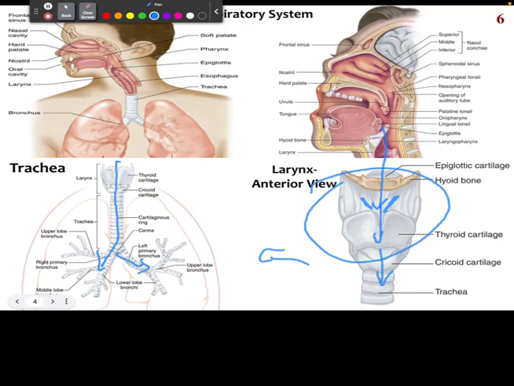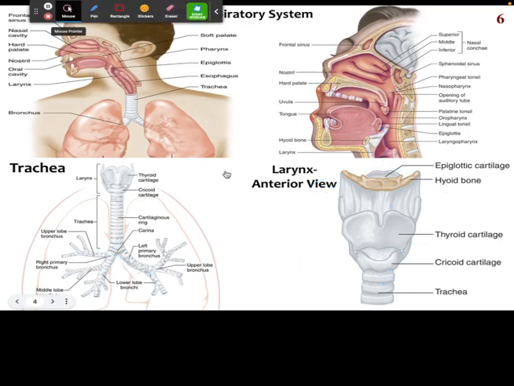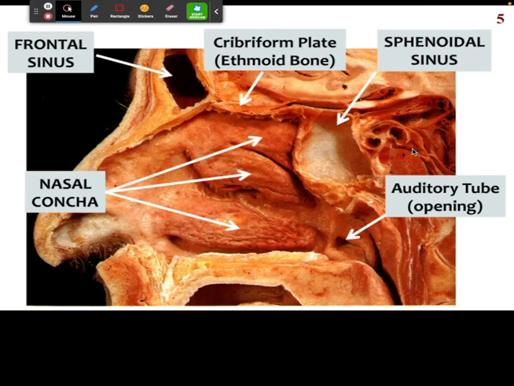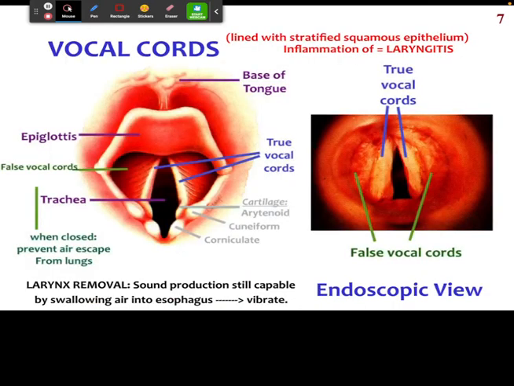So why am I talking about this? I just wanted to get a better understanding because these images are great, but it's easy to get a little confused. So with that said, as you breathe out, the air is going to be exhaled and leave, and on its way out, it is going to vibrate these vocal cords, and this is what allows us to speak. You also have the false vocal cords, which are on the sides here.